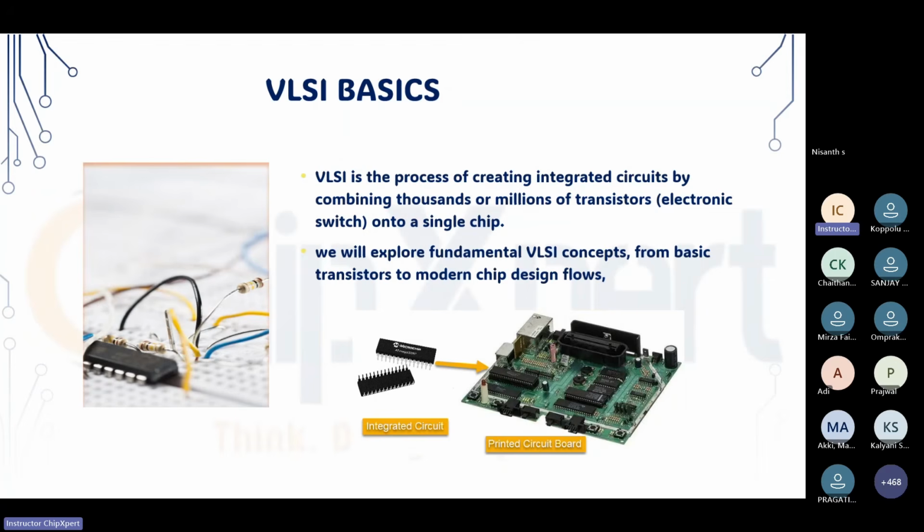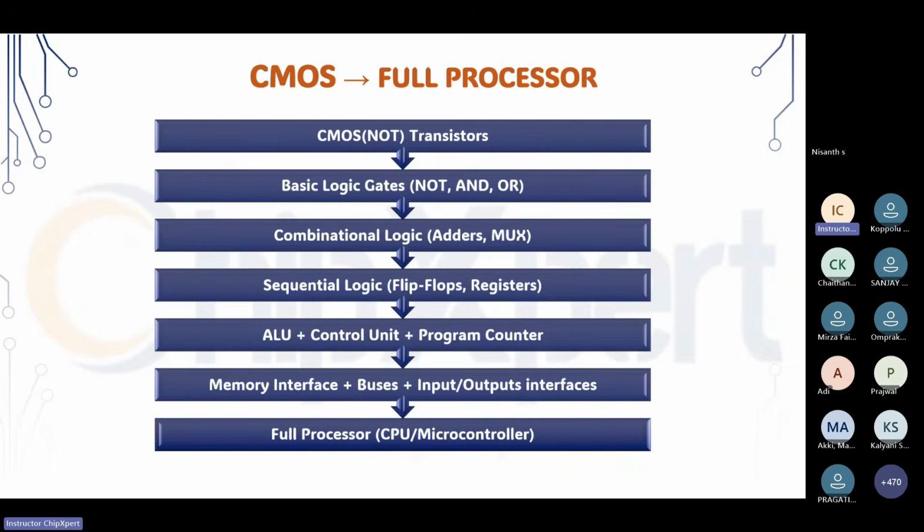So that is like an electronic switch where a threshold voltage is applied to a transistor. Now I just wanted to bring your fundamentals back: how the chip is designed.